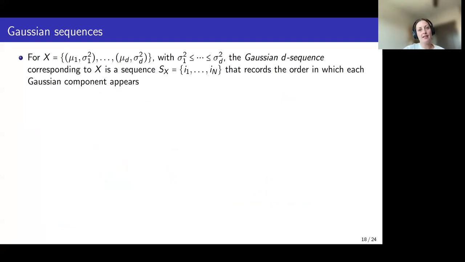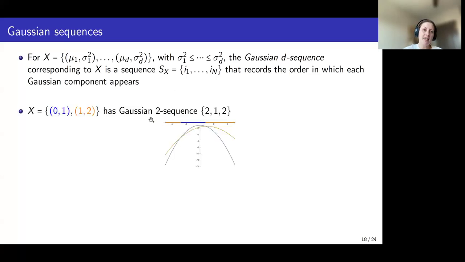It's just a sequence that, if I start at negative infinity, records the order in which I see each of these Gaussian Voronoi cells. For this little example, if I start at negative infinity over here, I start at the second Gaussian, so my first number would be 2. Then I keep walking up until I hit this blue cell, and I switch to 1, and then I switch to the orange, so I switch back to 2 again.